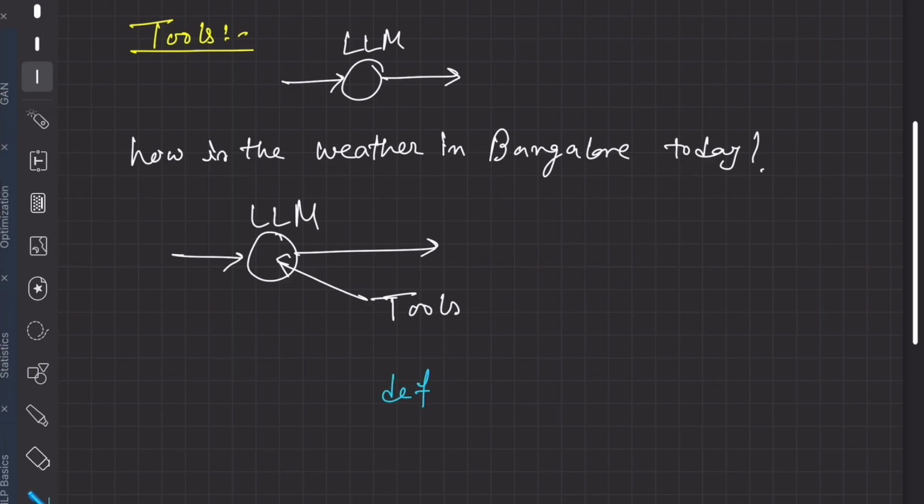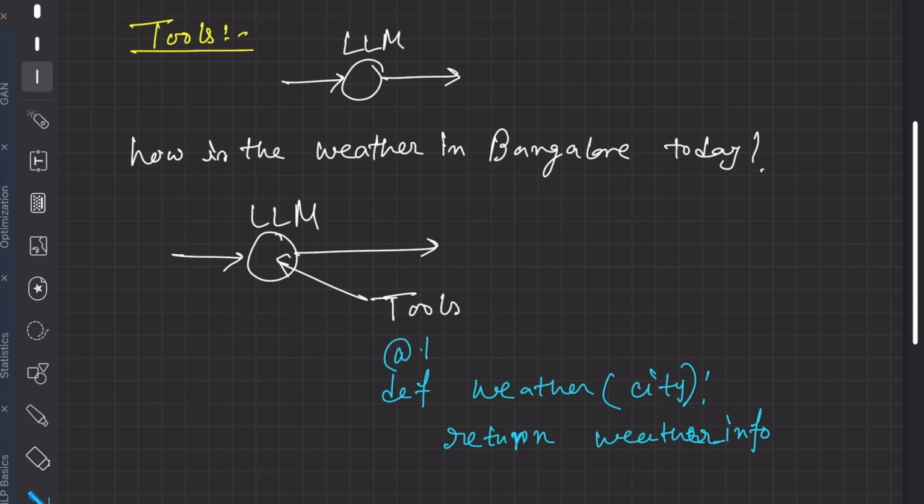Let's say for this case we have a weather tool that takes a city as input and returns the weather info. We create a tool like this with the tool decorator, and this is how we create a tool.